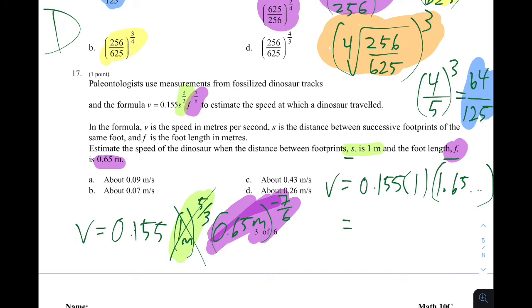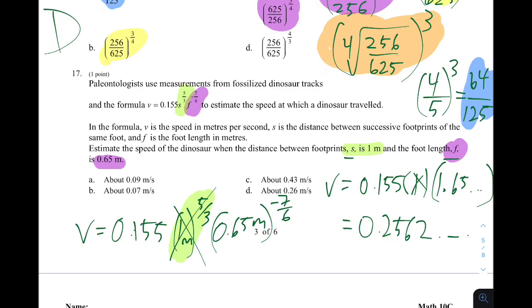So we'll just multiply those out. I'll take that big mess, multiply it by 1, doesn't change, and multiply it by 0.155, and I get 0.2562, etc.